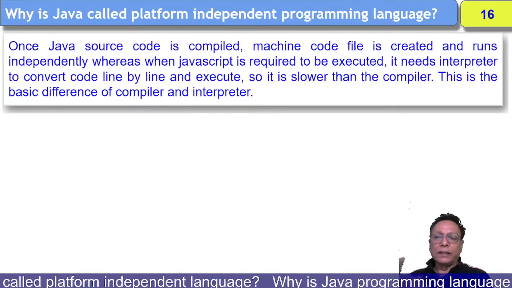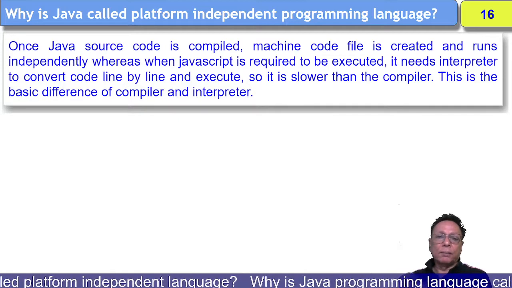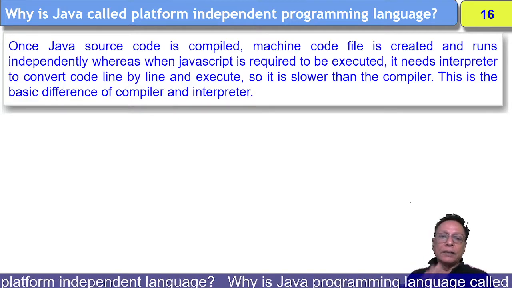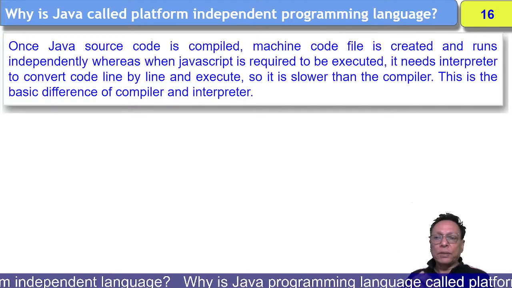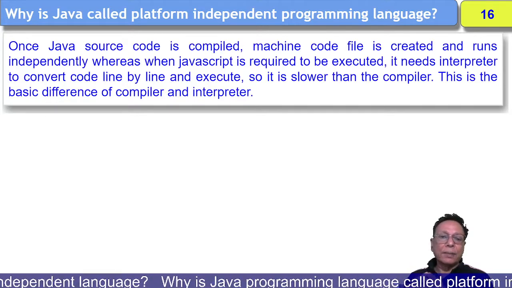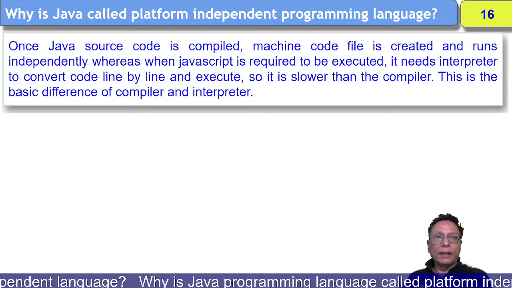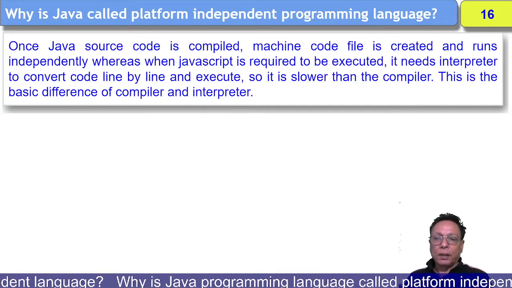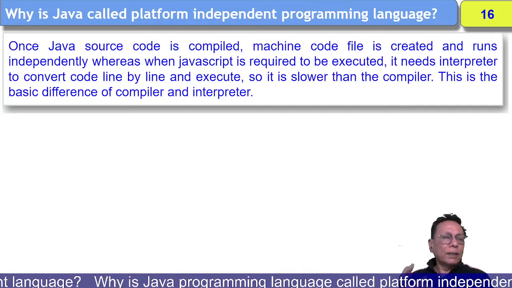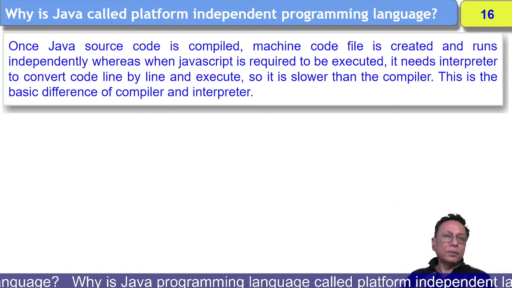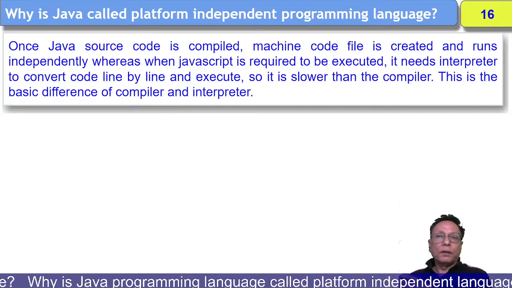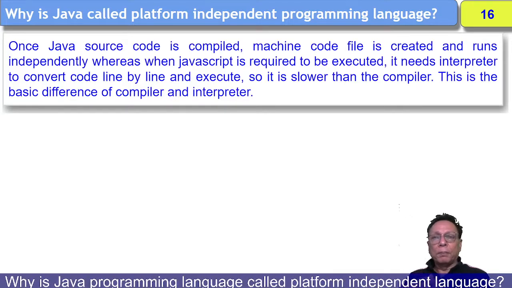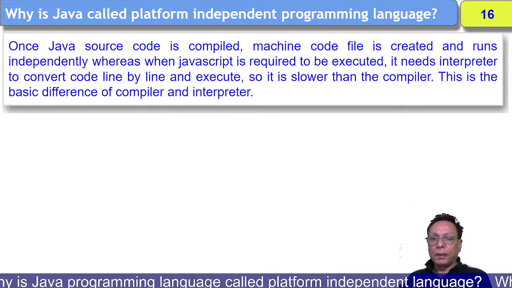a file is created, which is known as the bytecode, and runs independently, whereas when JavaScript is required to be executed, it needs the interpreter to convert code line by line and execute it. So it is slower than the compiler. Execution through the interpreter is slower than the execution of a program compiled through the compiler.